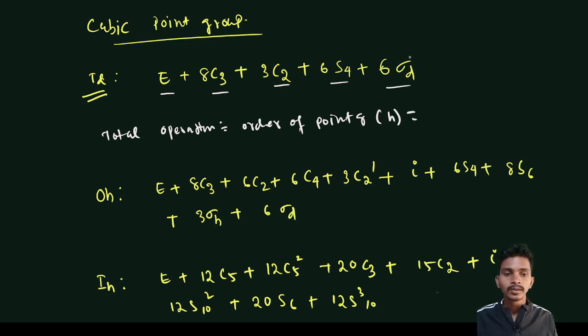Totaling: 1, 8, 3, 6, 6, we get 24 symmetry operations.